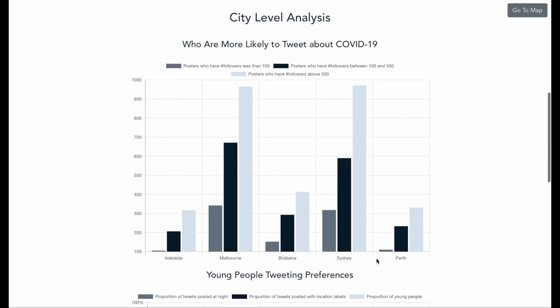The first one is the relationship between the number of tweets that mention coronavirus and the number of followers those tweets' posters have. That is, are the users with more followers more likely to mention coronavirus in their tweets? There are reasons for us coming up with this scenario.